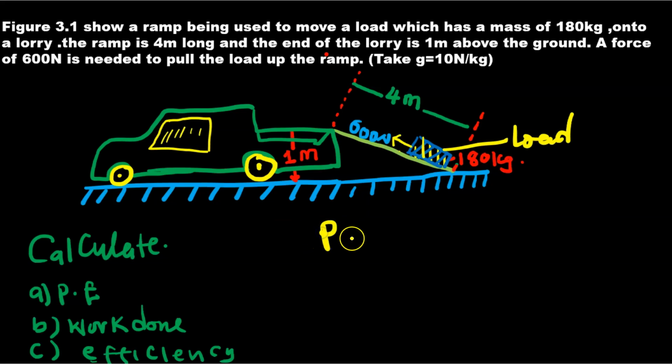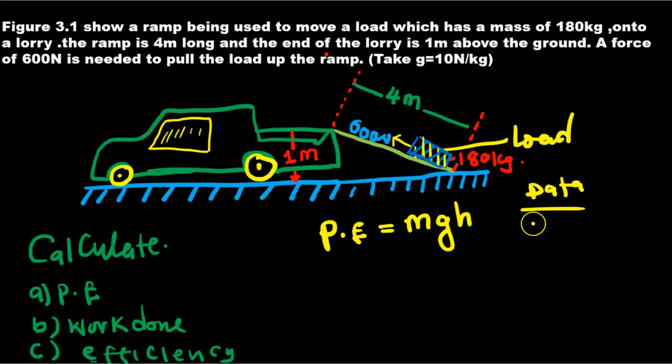Gravitational potential energy, or just PE, is equal to mass times gravity times height. If you look at the data that we have, gravity is already given as 10 Newton per kg, and of course the mass of the load is given, which is 180 kg.